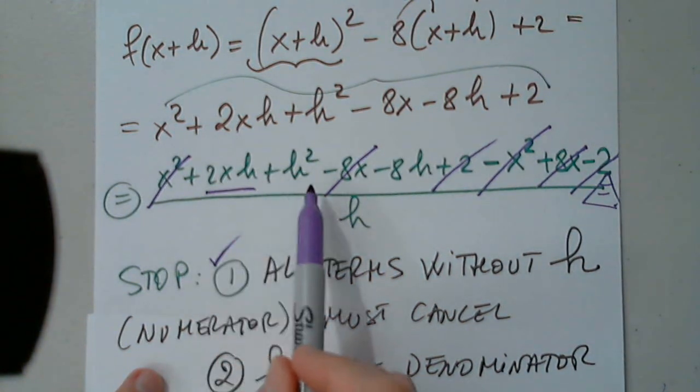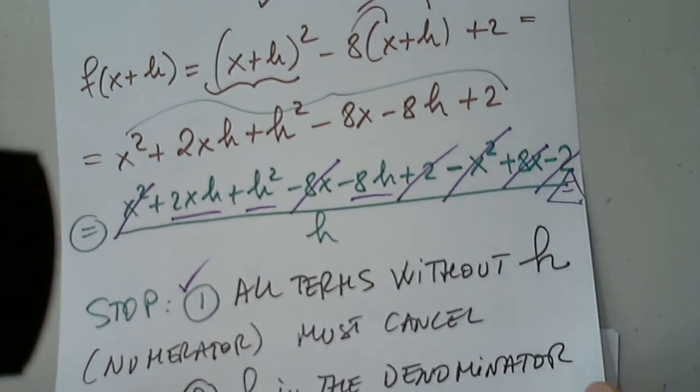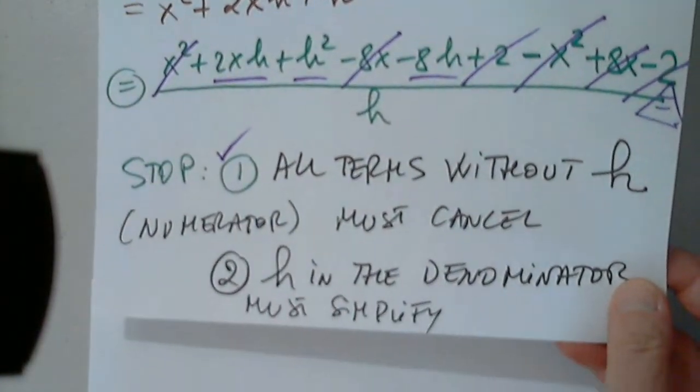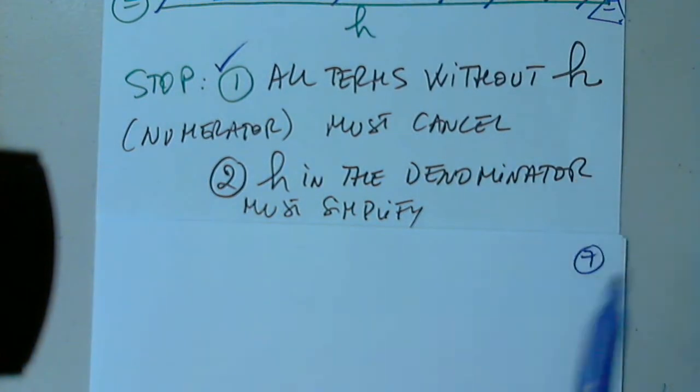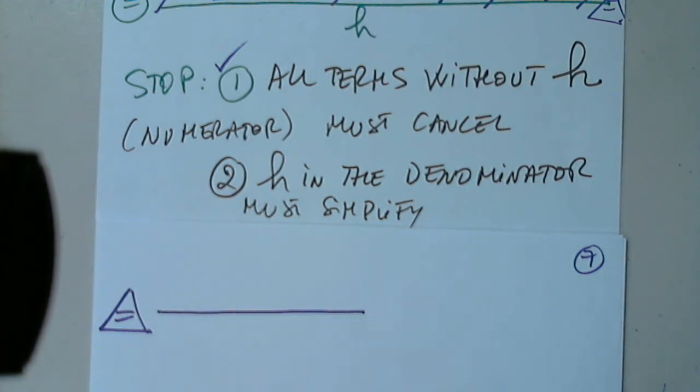Now I see three remaining terms. Do you see something in common that I can pull out from those three remaining terms? Pull out the h. Yes. So we will have to factor out h.